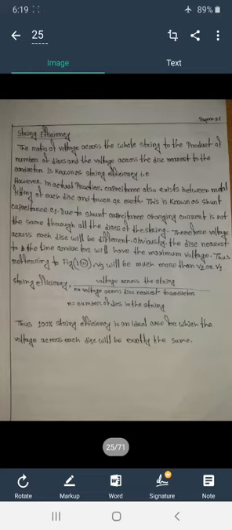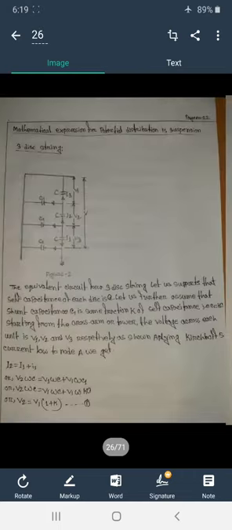String efficiency is equal to the voltage across the string divided by n times the voltage across the disc nearest the line, where n is the number of discs in the string. So 100% string efficiency means the voltage across each disc will be equal.